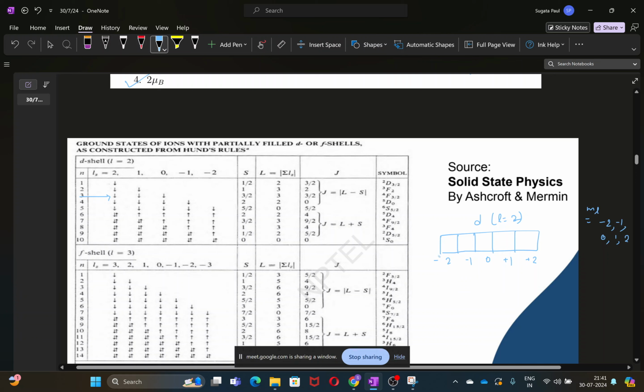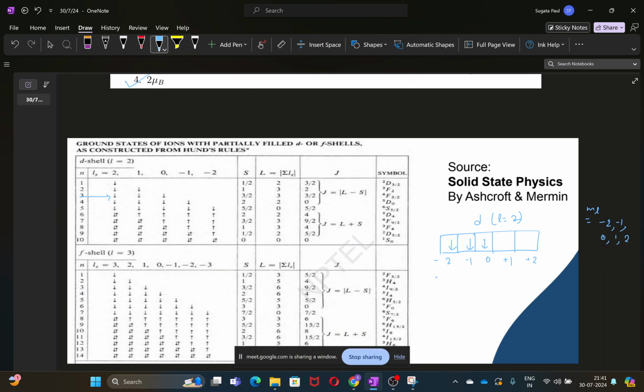Now in each of the compartments, the structure is given that you have a single electron in the first 3 compartments and the last 2 compartments are totally empty. So spin up electron in the first 3 compartments and these 2 are empty. Now you have to say what is the ground state for such a configuration.